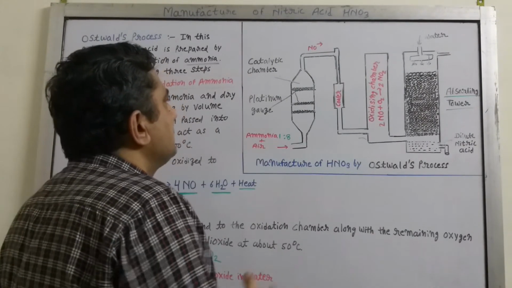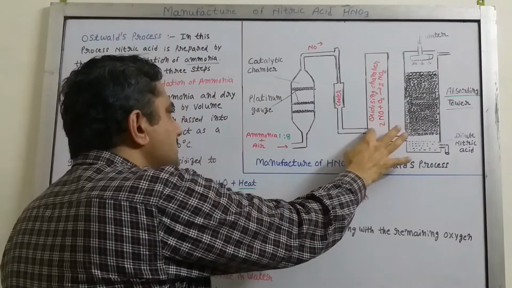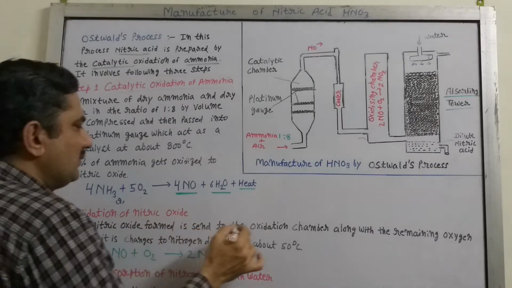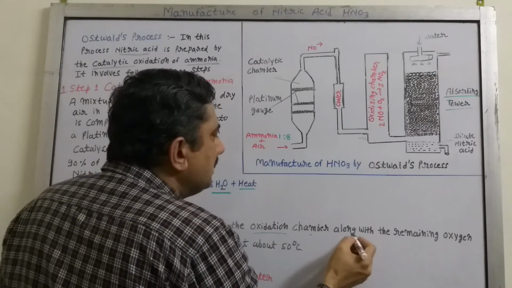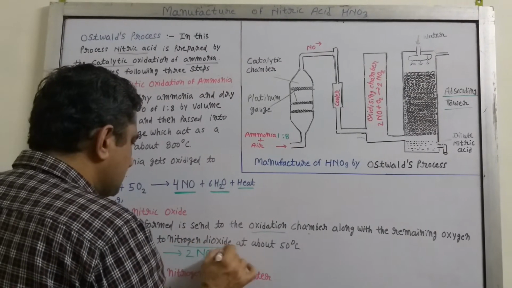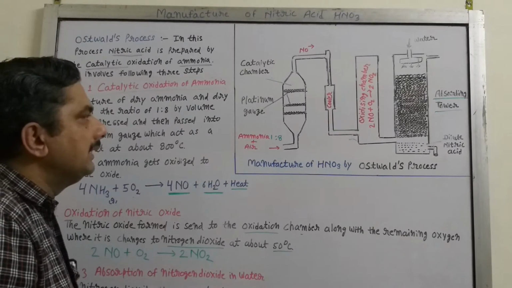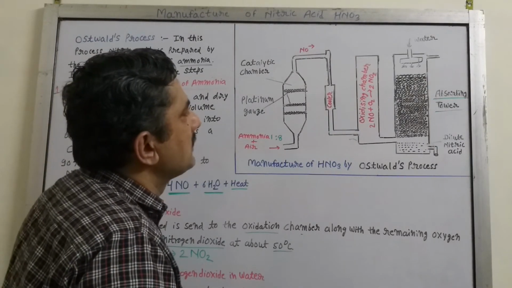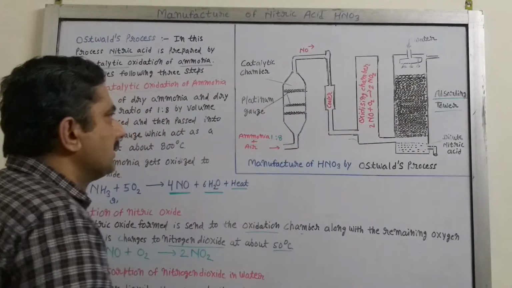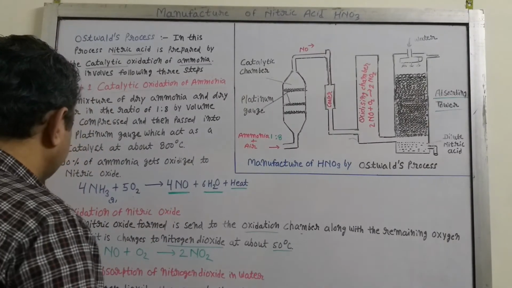This nitric oxide is sent to the cooler and then it is sent to the oxidizing chamber along with the remaining oxygen. It changes into nitrogen dioxide at about 50 degrees centigrade. When the mixture of nitric oxide and oxygen is passed in the oxidizing chamber, we obtain nitrogen dioxide or nitrogen peroxide.